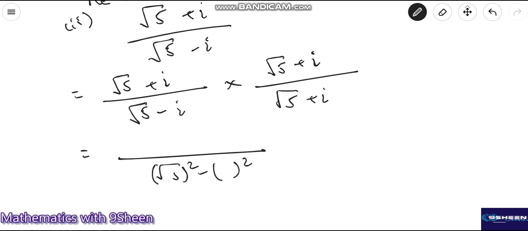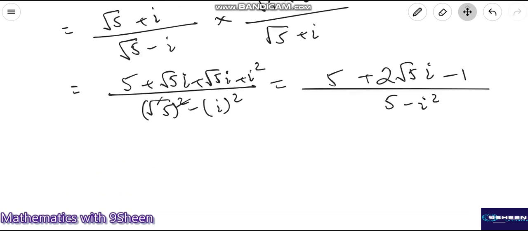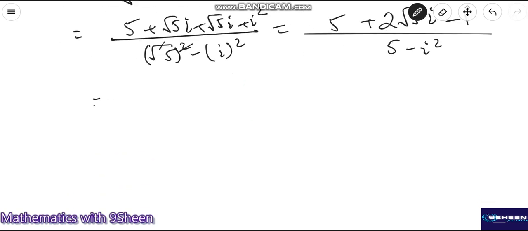Root 5 is your a. Root 5 multiplied by root 5, it is 5. Root 5 multiplied by iota, root 5 iota plus root 5 iota. Iota iota, iota square. Now root 5 and square cancel out. 5 minus iota square. 5 plus root 5, 2 of root 5 iota. Iota square is minus 1. And you have 5 minus 1 is equal to 4 plus 2 root 5 iota.